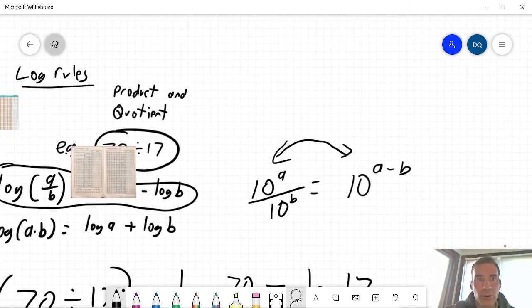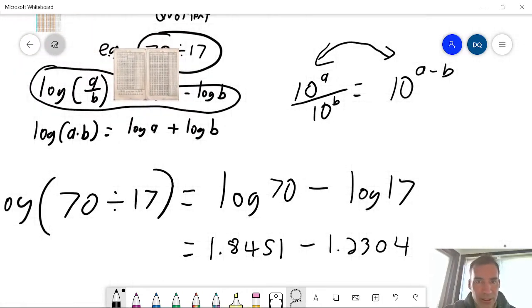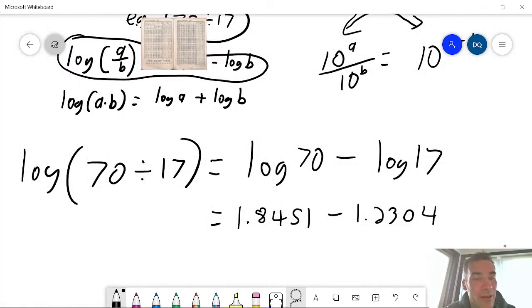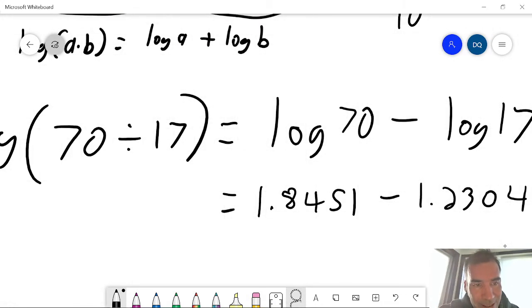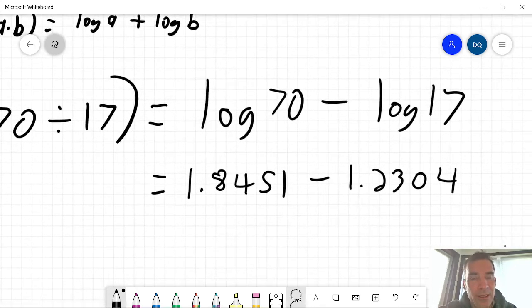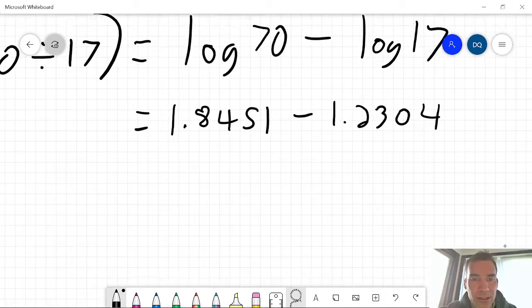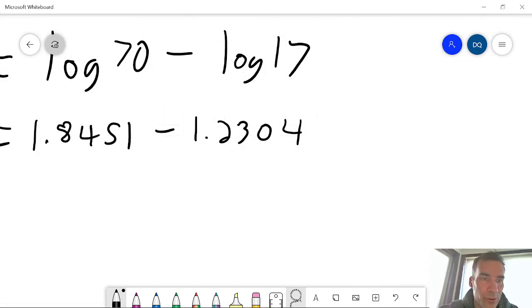Remember, we'd have to go through long division to do it. I don't know, I kind of scratched out the start of it, and then I guess I erased that. I was looking for it. Okay, so you've got the log of 70 divided by 17 is the log of 70 minus the log of 17, which is 1.8451 minus 1.2304. So we could just do this by hand real easy.